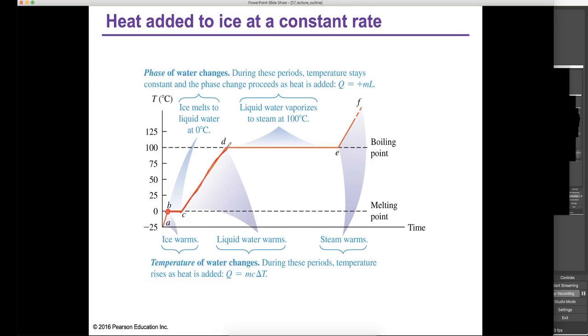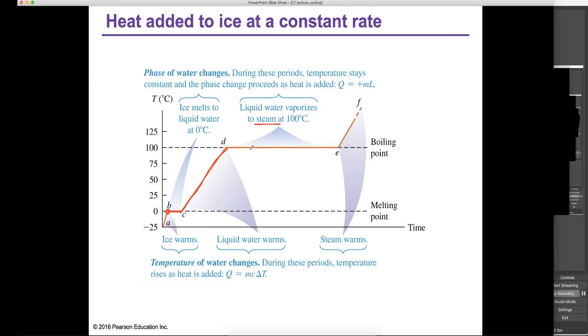And then it reaches 100 degrees. Another type of phase change happens. This phase change is from liquid to gas, or liquid water vaporizes, and this temperature is 100 degrees. If you keep heating up the system, more and more liquid water will be changed into steam, or the gas phase of water.